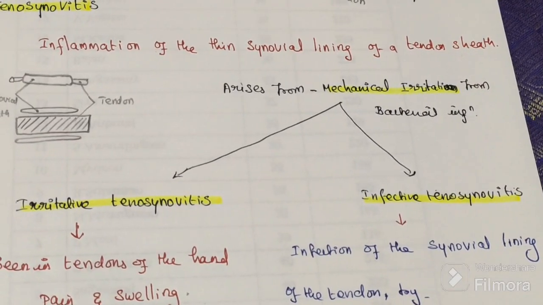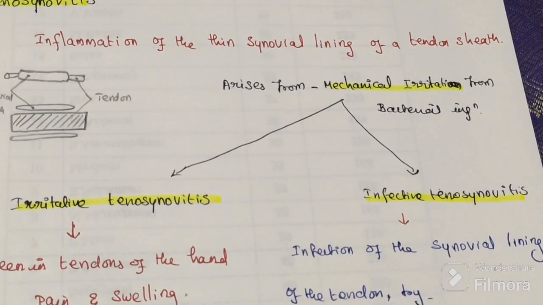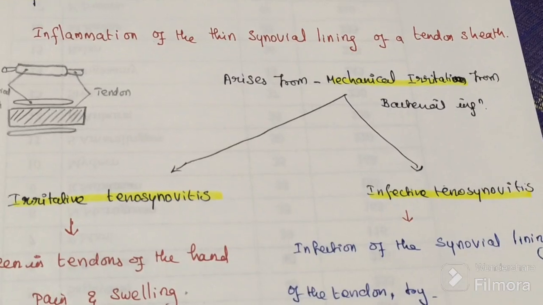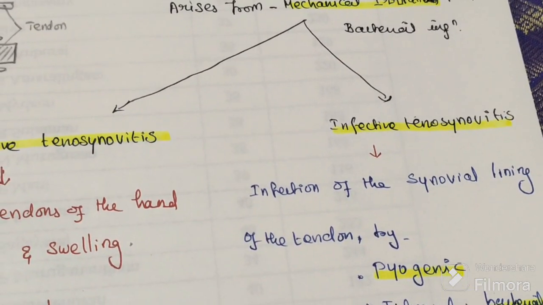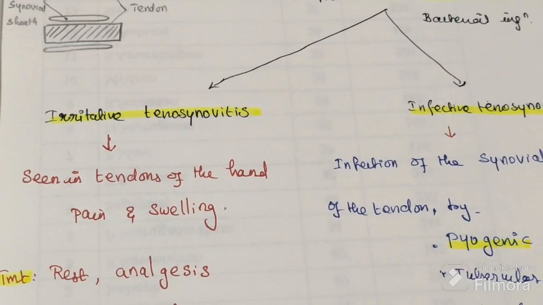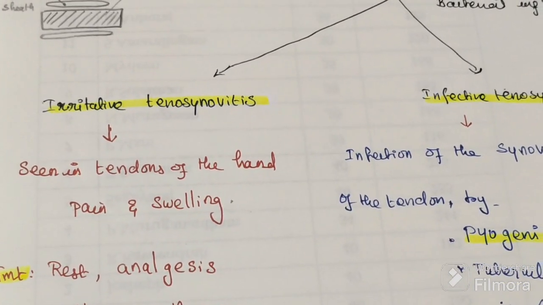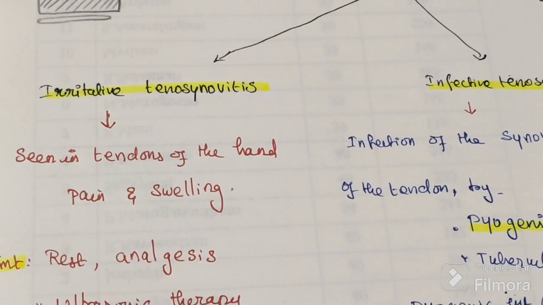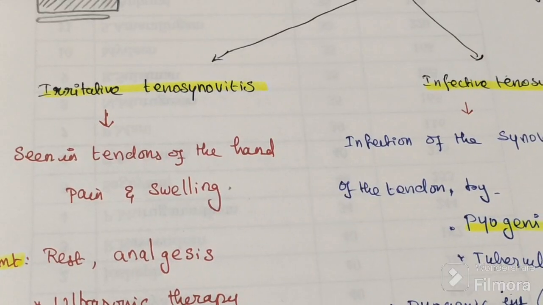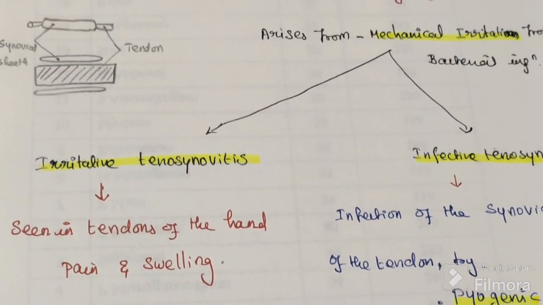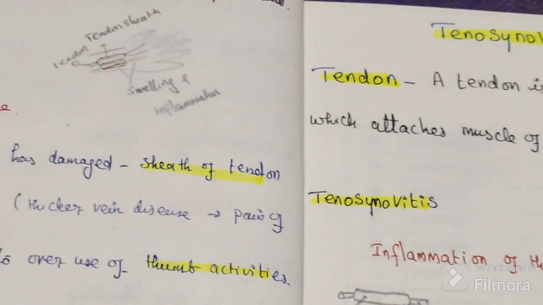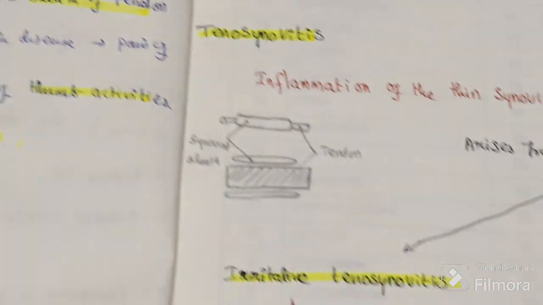There are two types, from two reasons: irritative tenosynovitis and infective tenosynovitis. The first one is irritative tenosynovitis, seen in the tendons of the hand, causing pain and swelling.